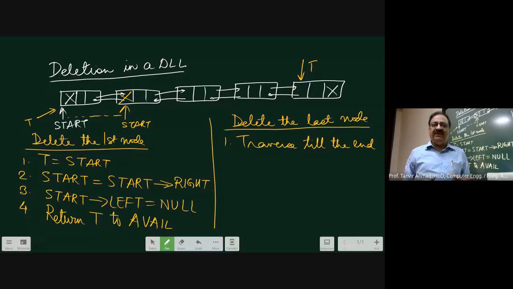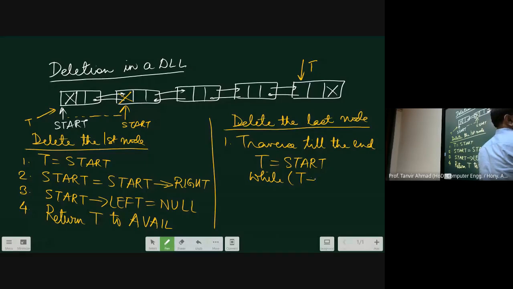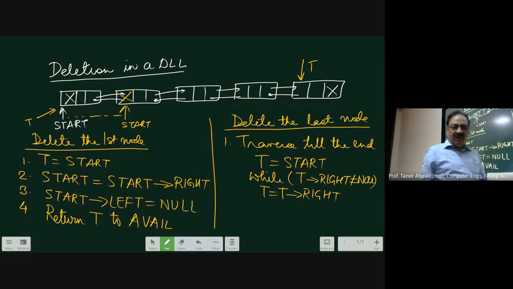So those lines are very common either in a single linked list or in a double linked list. These three lines are standard for the traversal. Therefore, if you want to reach the end in either a single linked list or a double linked list, this is the rule.